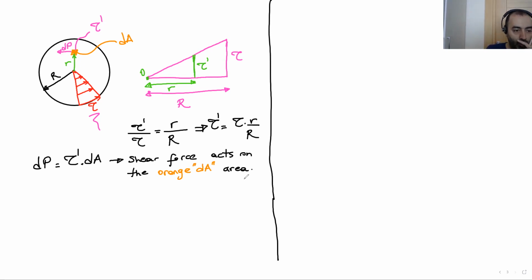Okay. Now we have the force on the orange area.